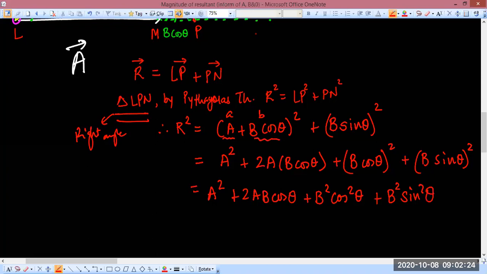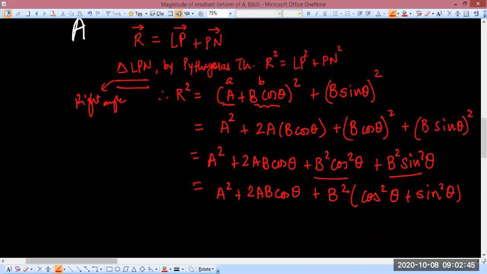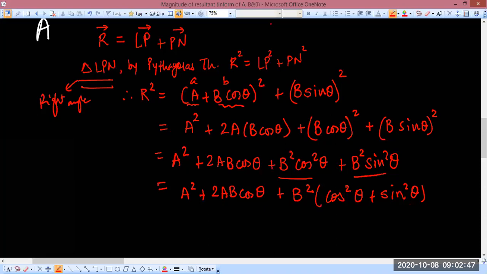So now, do you see that I can leave the first two terms like that, and from the third and fourth, if I take B square common? Something like this came up earlier. What is it? B square times cos square theta plus sin square theta.